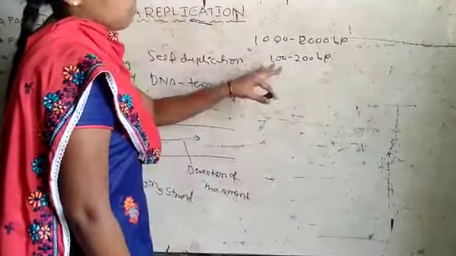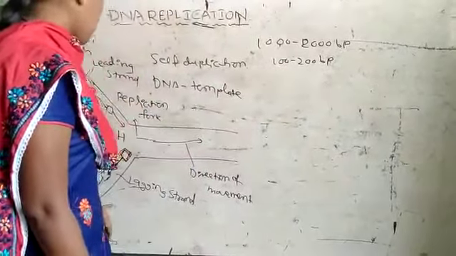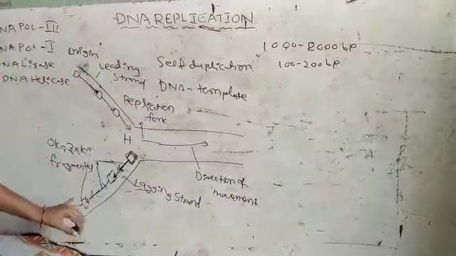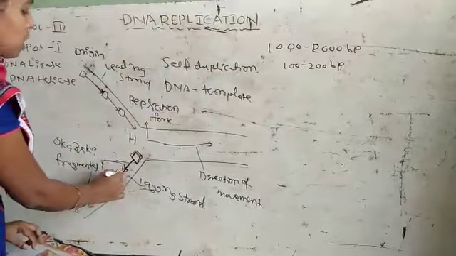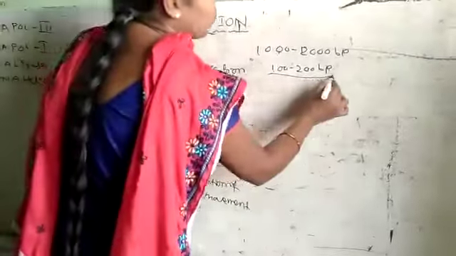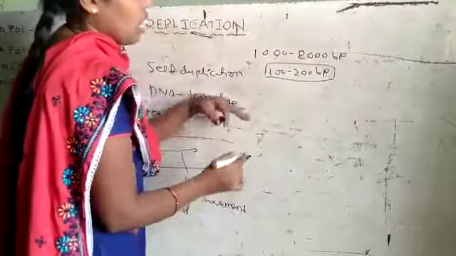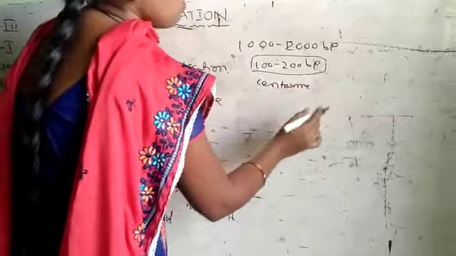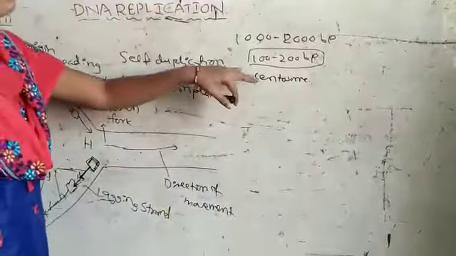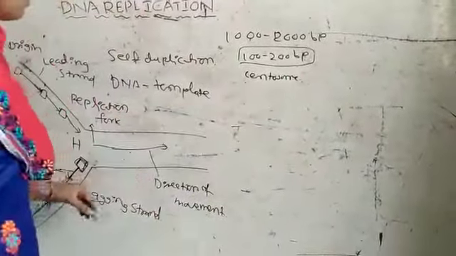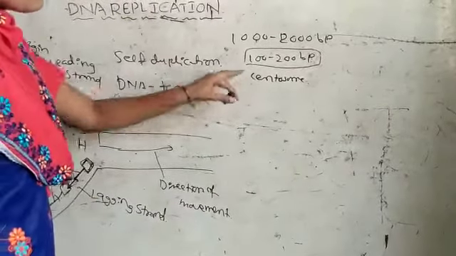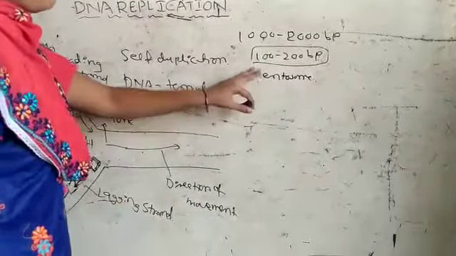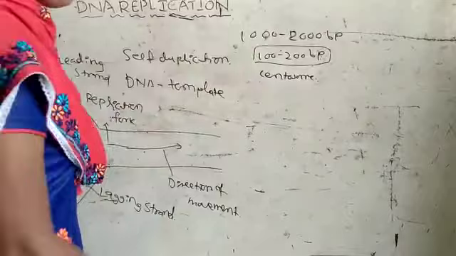The smaller length is due to the organization of DNA in the nucleosome. So that's why in eukaryotes the Okazaki fragment length is smaller compared to prokaryotes.